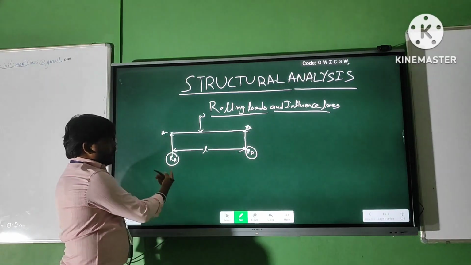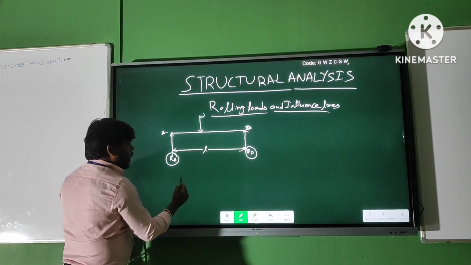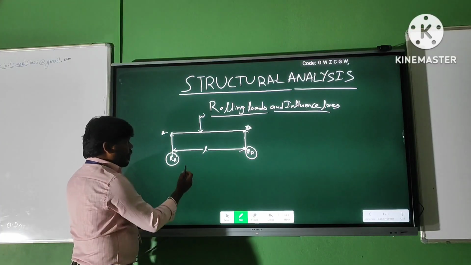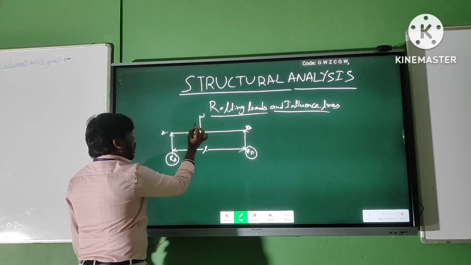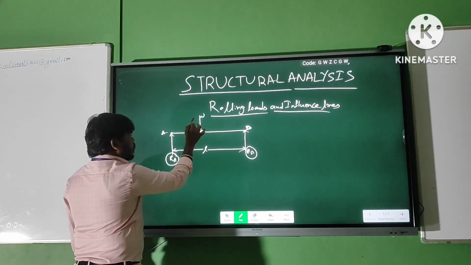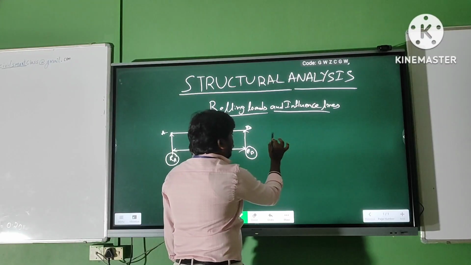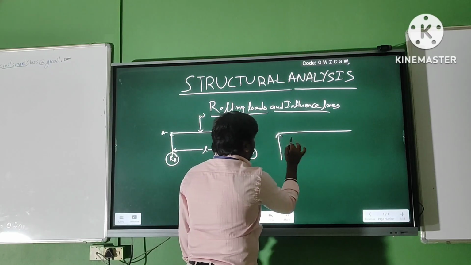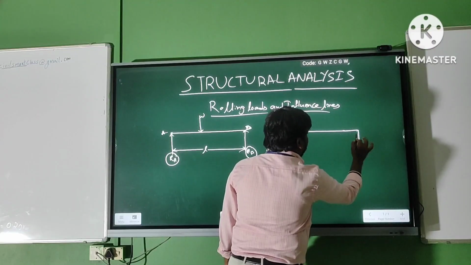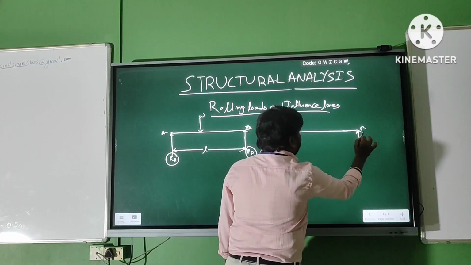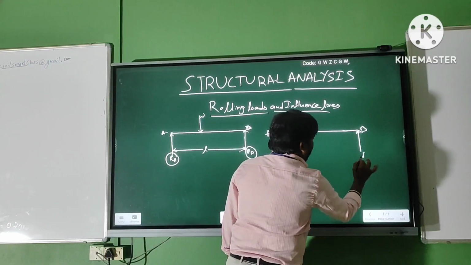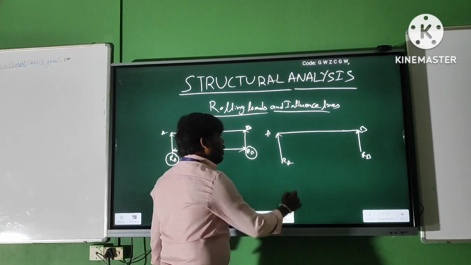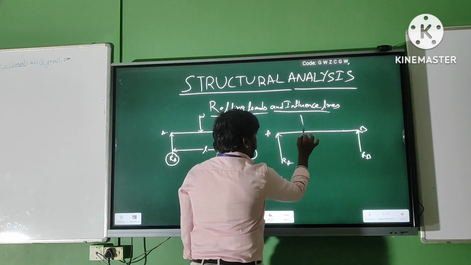To draw the influence lines for RA and RB, we need to assume a unit load applied at any section from point A. These will be RA and RB.